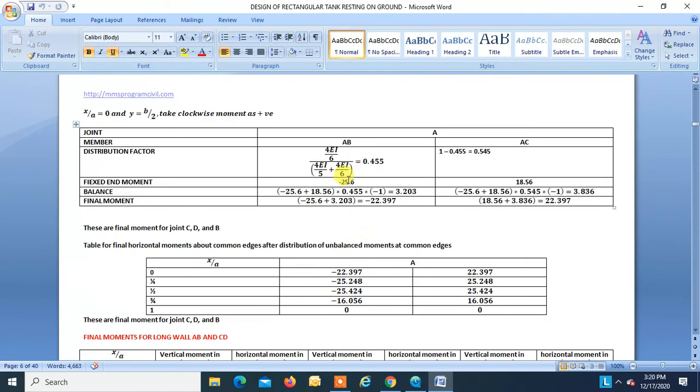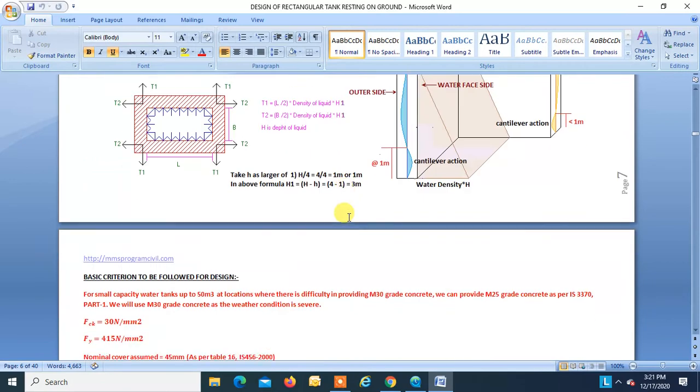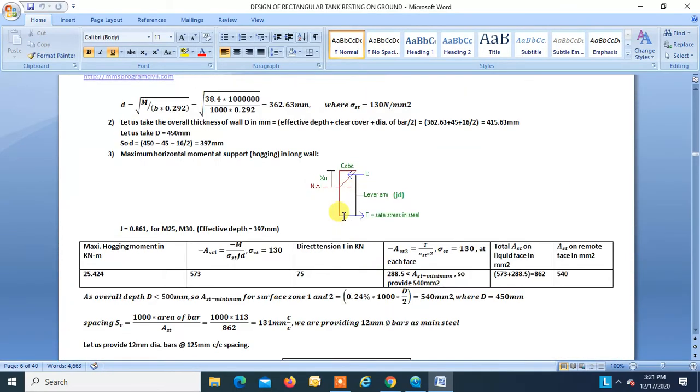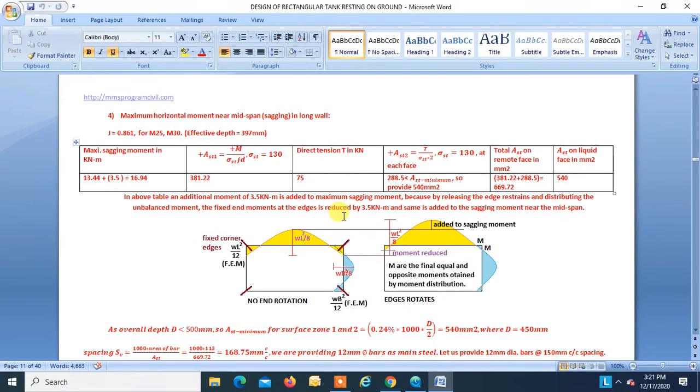Over here the original moment was 25.6, and over here it was 18.56, but this was reduced to 22.397. So the moment reduced was 3.2, so I have taken a round figure, 3.5 kilonewton meter, a little bit higher, just rounding off to 3.5.